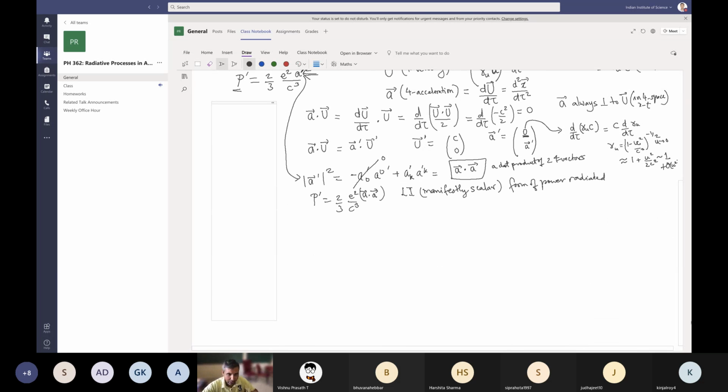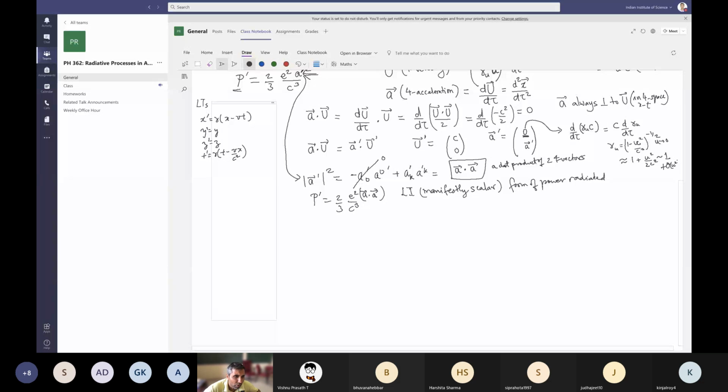If you recall our velocity transformation formula, we were using these Lorentz transformations. There was x prime equal to gamma times x minus vt, y prime equals y, z prime equals z, and t prime equals gamma times t minus vx by c squared.